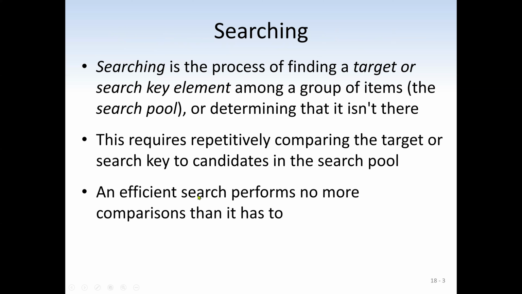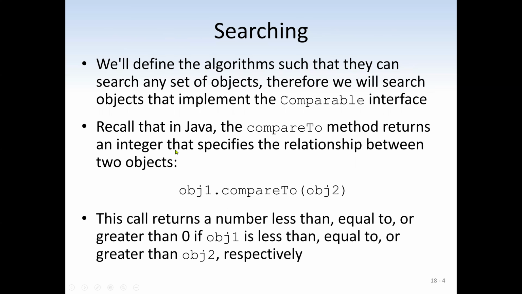So again, in computer science algorithms, if we are searching for an item, the only option is to compare the item to the search pool. If they are the same, that means we found what we are looking for. If we go through all the items and we couldn't find any item that is the same as the search key, that means it doesn't exist.